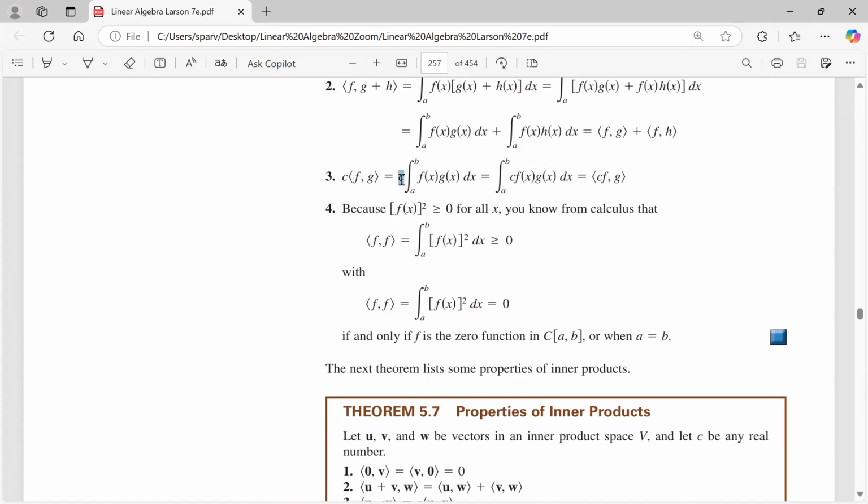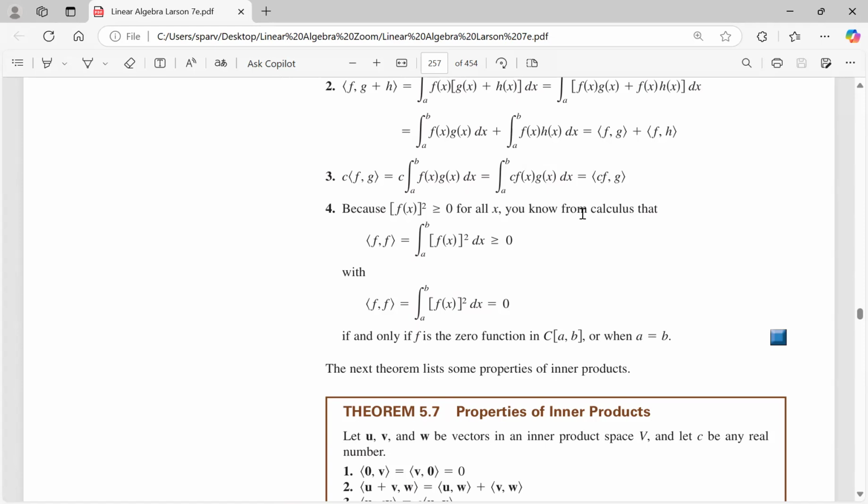Remember, using properties of definite integrals from calculus, it is okay to move the constant in and out of the integrand, right? Only the constant. So we move this constant inside the integral. Once we do, you can see that c times f of x, this would be the first component, dotted with g of x. So that is indeed the third axiom.